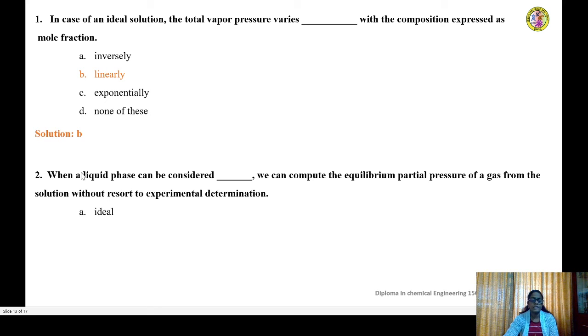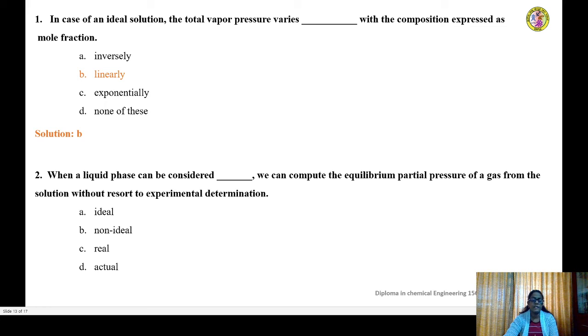The second question is like this. When a liquid phase can be considered dash, we can compute the equilibrium partial pressure of a gas from solution without resort to experimental determination. Whenever you can consider a given liquid solution to be an ideal one, then you can estimate the vapor liquid equilibrium without any experimental determination.